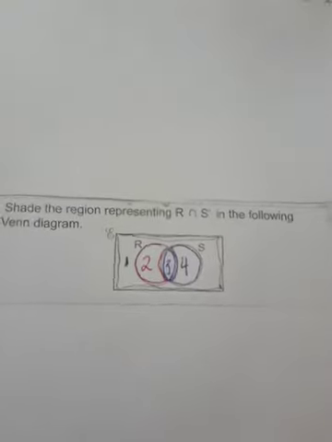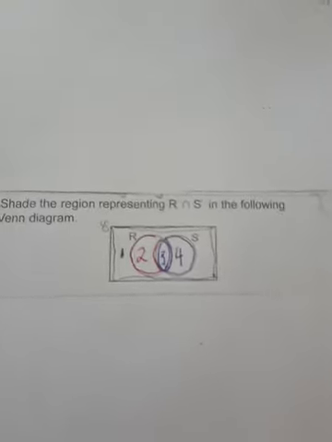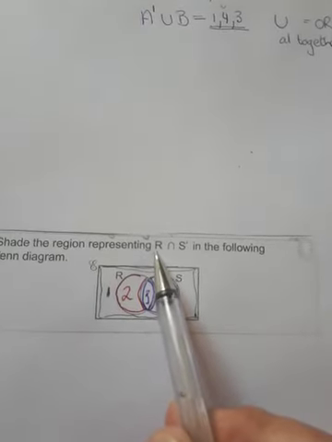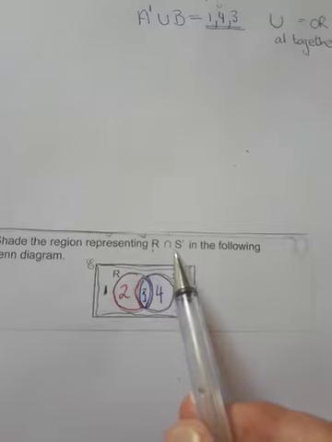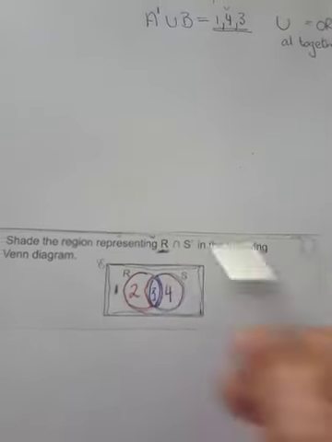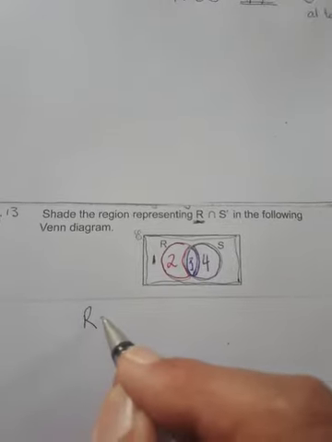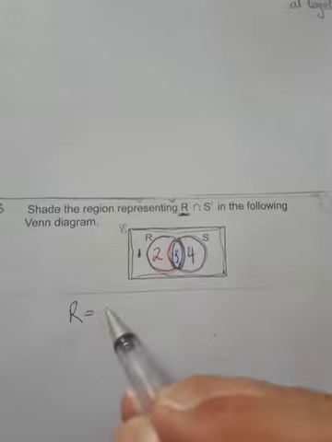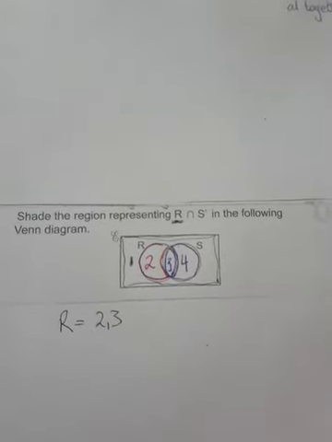Okay. Now we start again. Look at what is being asked. Now we have to shade R intersection S complement. Let's start with the first one, which is R. R is this whole circle. So that is 2 and 3.